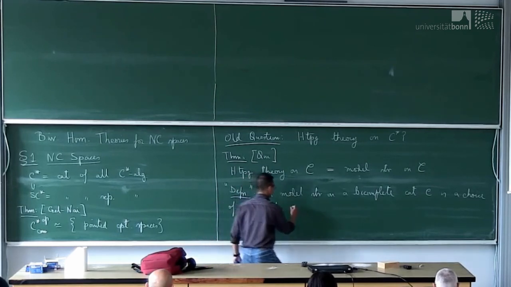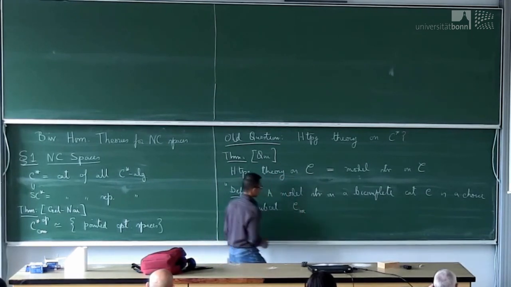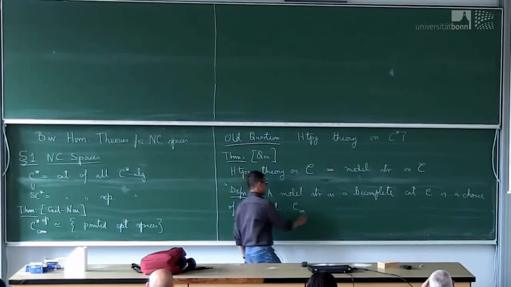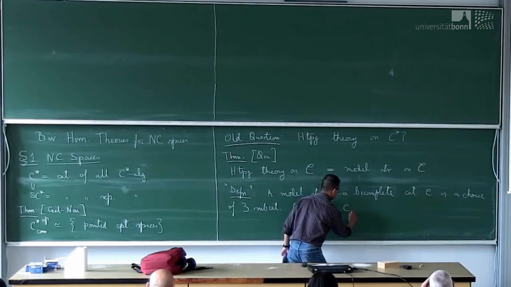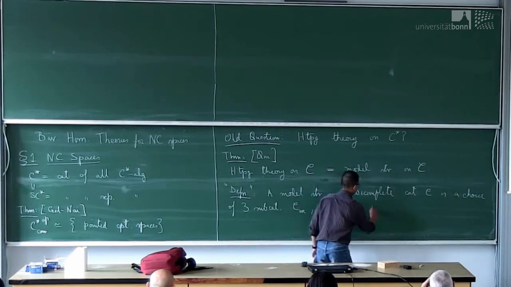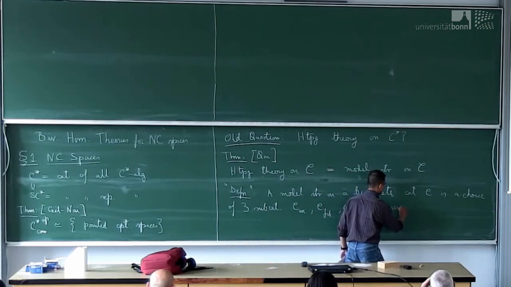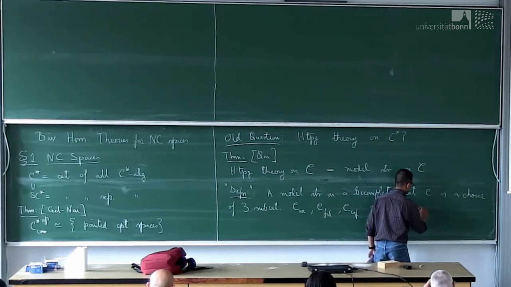These three will be denoted by the weak equivalences, the fibrations, and the cofibrations, plus many axioms. I won't reproduce them.